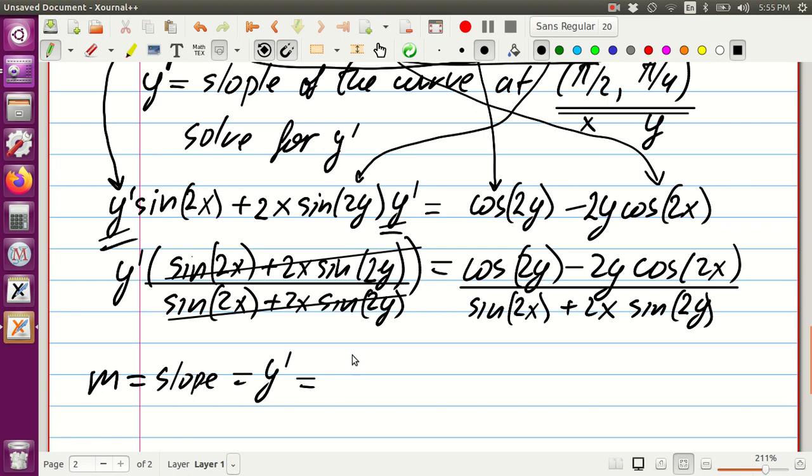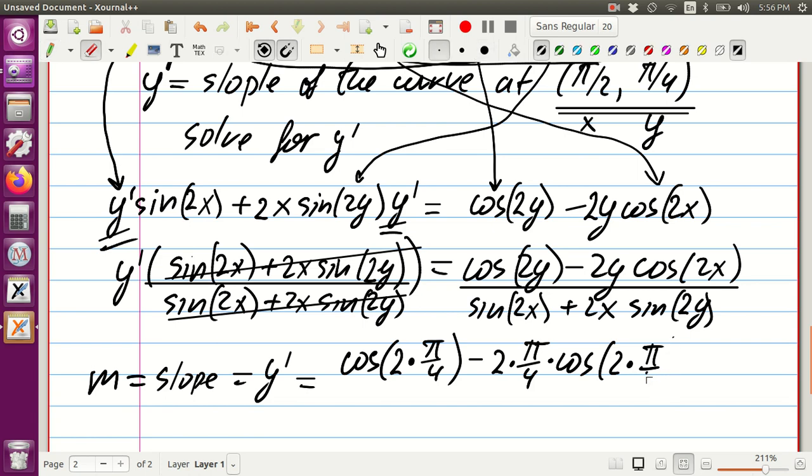So let's try to do that. We'll have cosine of 2 times y, which is pi over 4, minus 2 times y, which is pi over 4, times cosine of 2 times x, which is pi over 2. So we're done with the numerator, we're moving to the denominator.